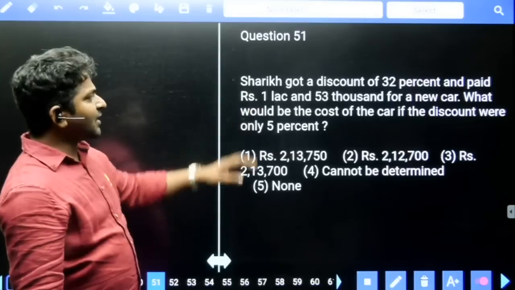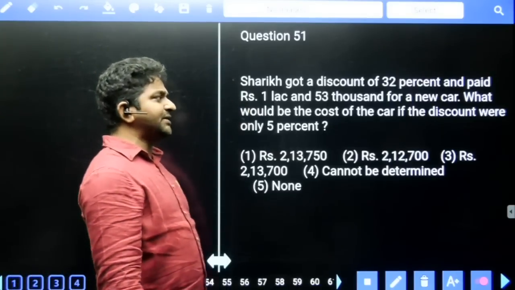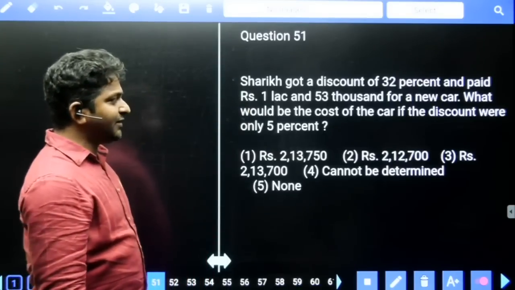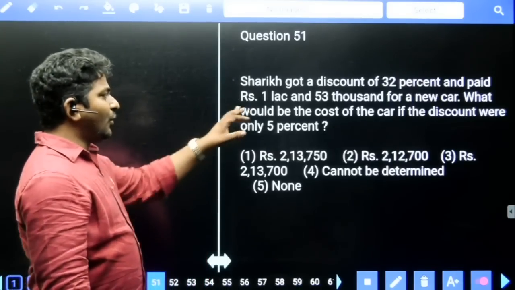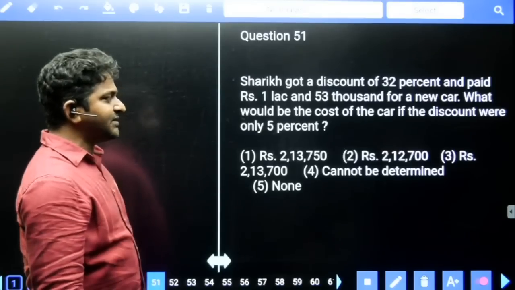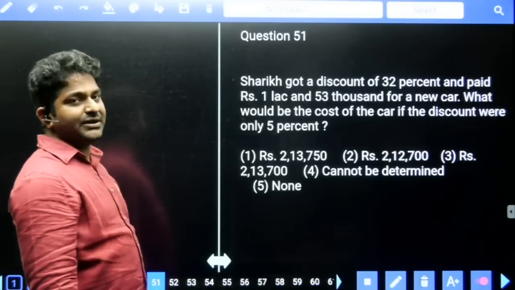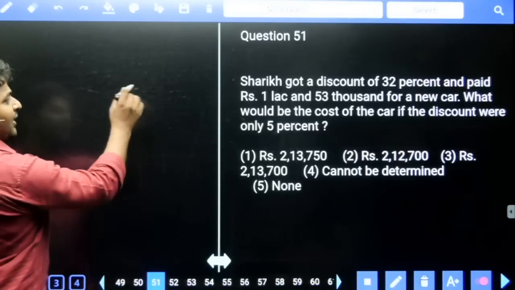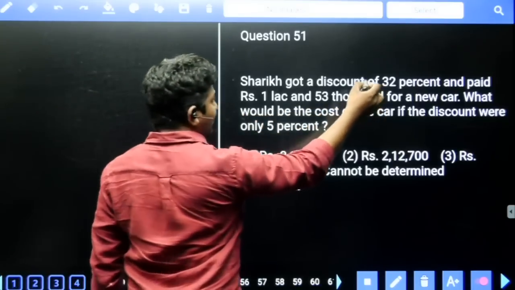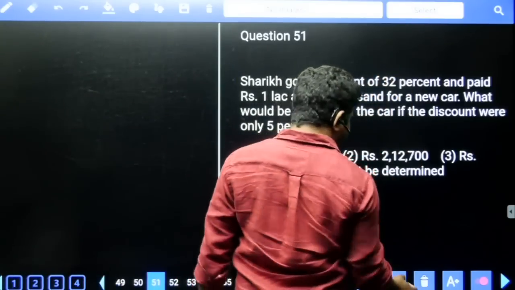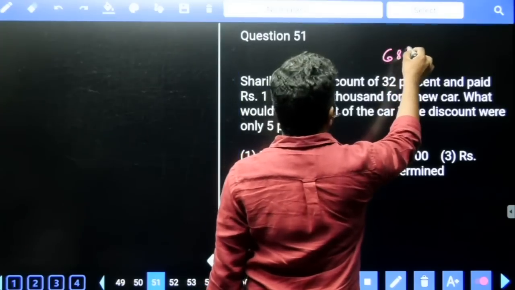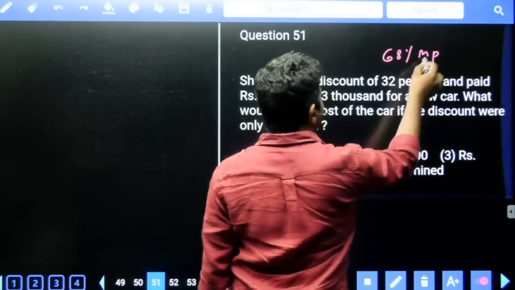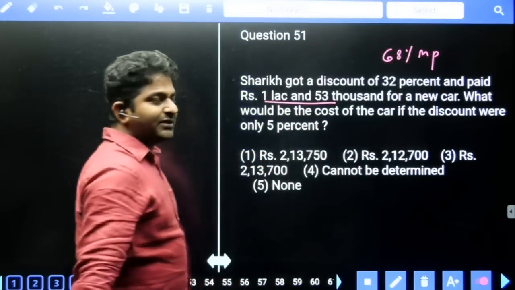Next, Shari got a discount of 32% and paid 1,53,000 for a new car. What would be the cost of the car if the discount were only 5%? With a 32% discount, she pays 68% only. 68 percentage of the market price is equal to 1,53,000.